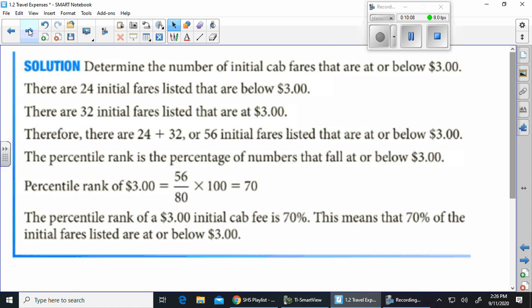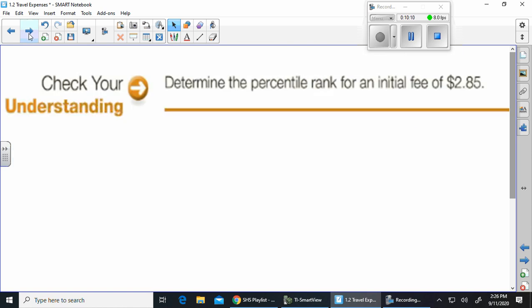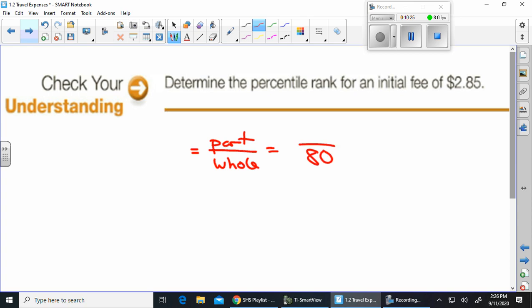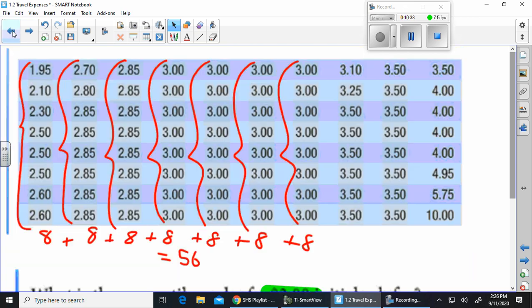If you needed to see it listed, I think the way I did it probably makes a little bit more sense. So hopefully, if I asked you the percentile rank of an initial fee of $2.85, well, still think part over whole. Still 80 cab fees I looked at. But now I want $2.85 or less. So if I went back to that list, I would have stopped here.